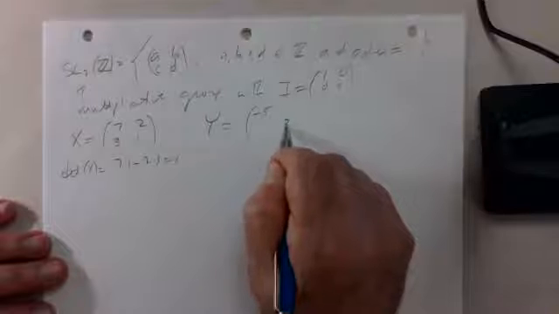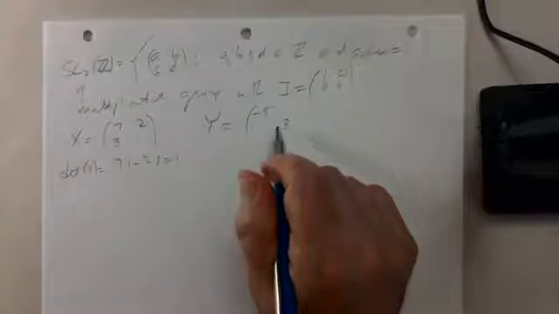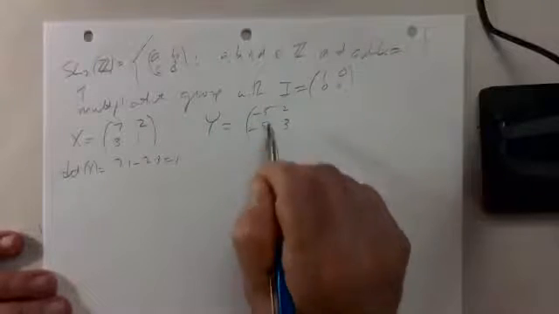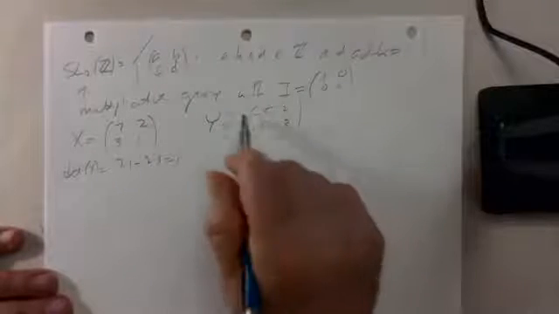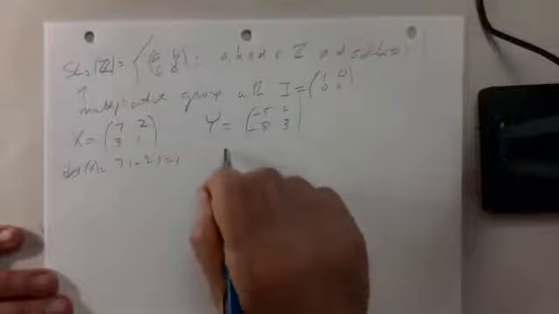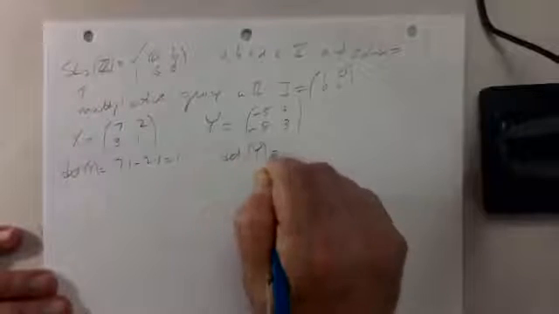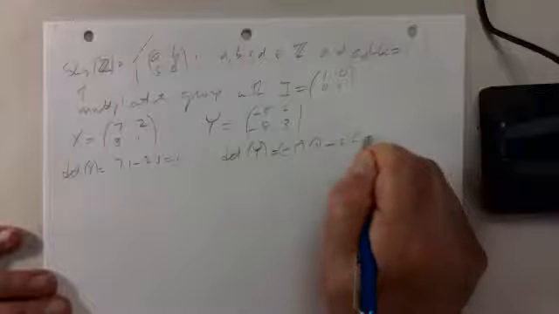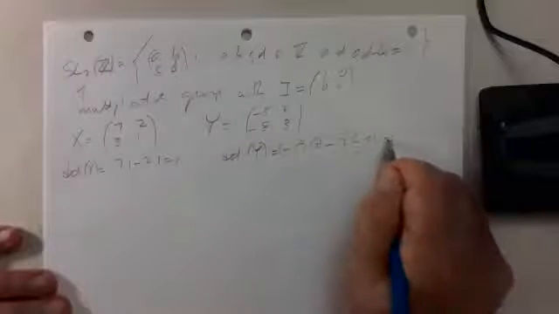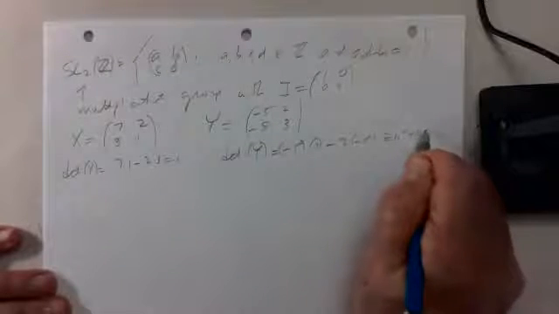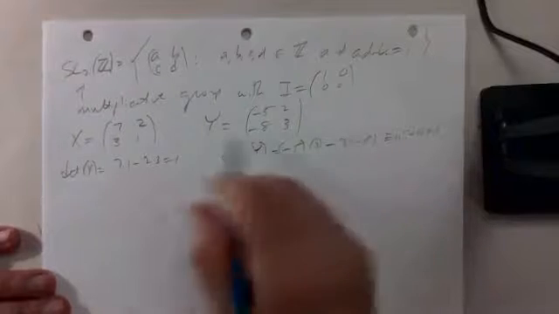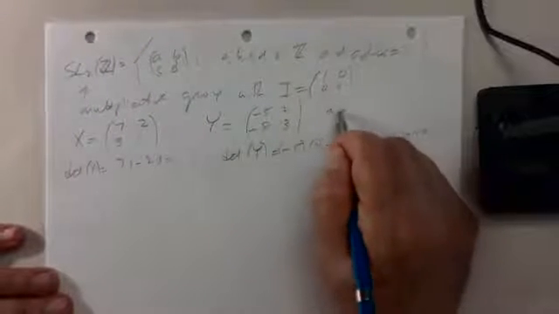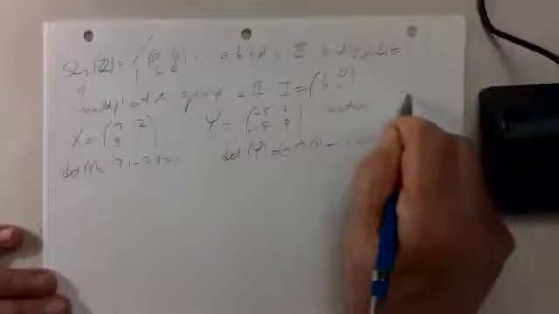Minus 5, 3, 2, minus 8. What is the determinant of this? Let's see. The determinant of Y is minus 5 times minus 8 minus 3 times 2... this is 40 minus 6, which is 34. Let me redo it: minus 5 times 3 minus 2 times minus 8, this is minus 15 plus 16, which is 1. So both of these matrices are in my group. These are matrices in SL2Z.